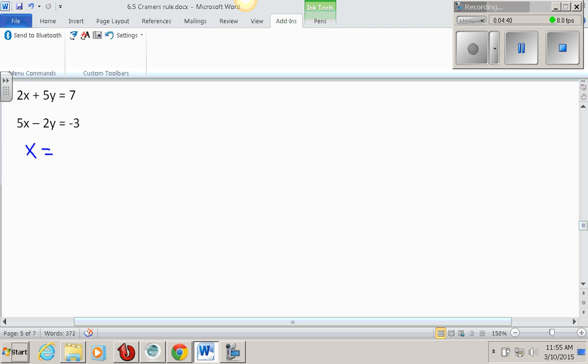So we've got x, and this is going to be the determinant 7, 5, negative 3, negative 2, over 2, 5, 5, negative 2. So make sure you look and see where those values are coming from. 7, 5, right? We excluded that x. 2, 5, 5, negative 2.